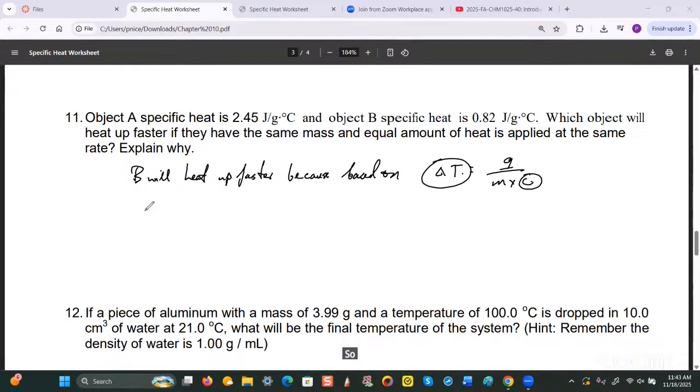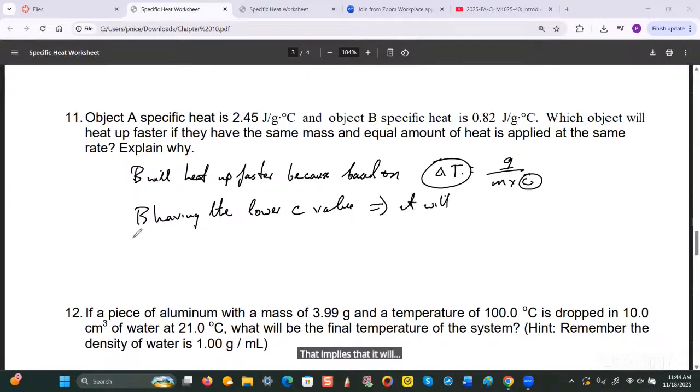So B heats up faster because, based on this, having the lower C value implies that it will experience a greater temperature change over the same time frame, for lack of a better expression.